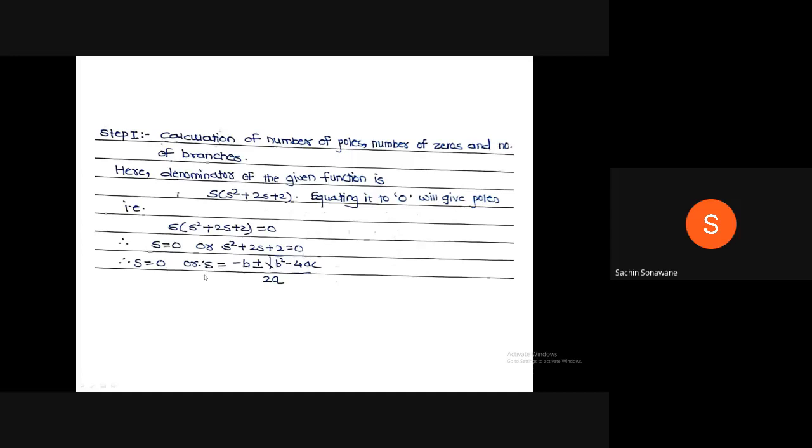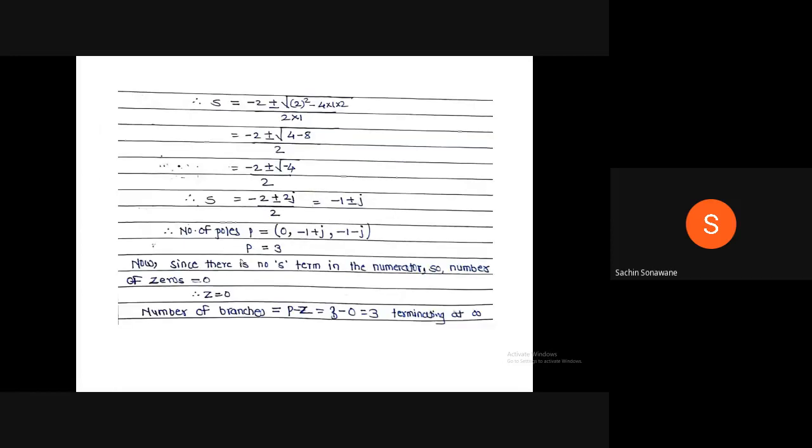By solving this quadratic equation we get another two roots, s is equal to minus 1 plus minus j. Therefore poles are 0, minus 1 plus j, and minus 1 minus j. Therefore, p is equal to 3.